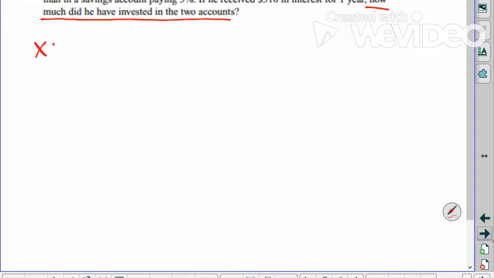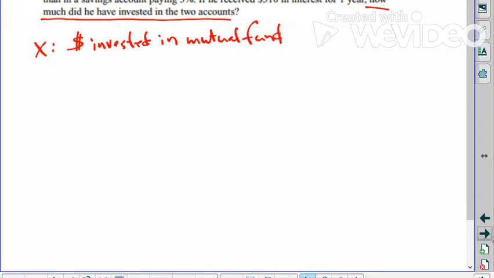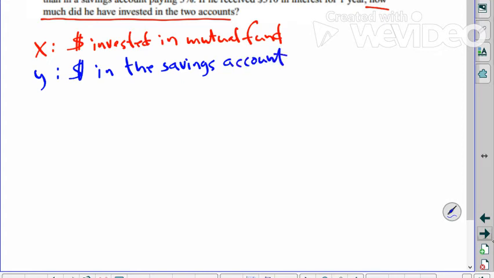I need one variable to represent the money invested in the mutual fund, and my y will be the money in the savings account. Now, what it tells me is that he has $3,000 more invested in the mutual fund than in the savings account.